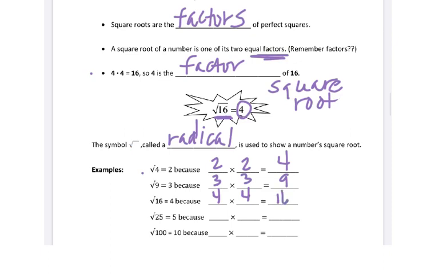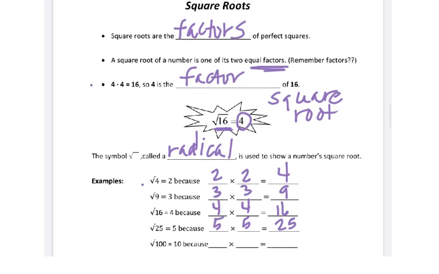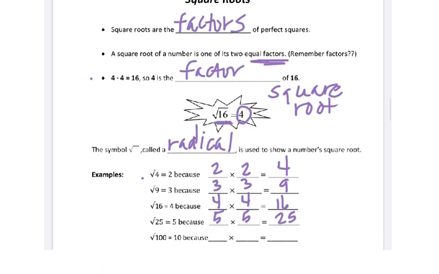Now the square root of 25 is 5 because 5 times 5 is equal to 25. And the square root of 100 is 10 because 10 times 10 is equal to 100.